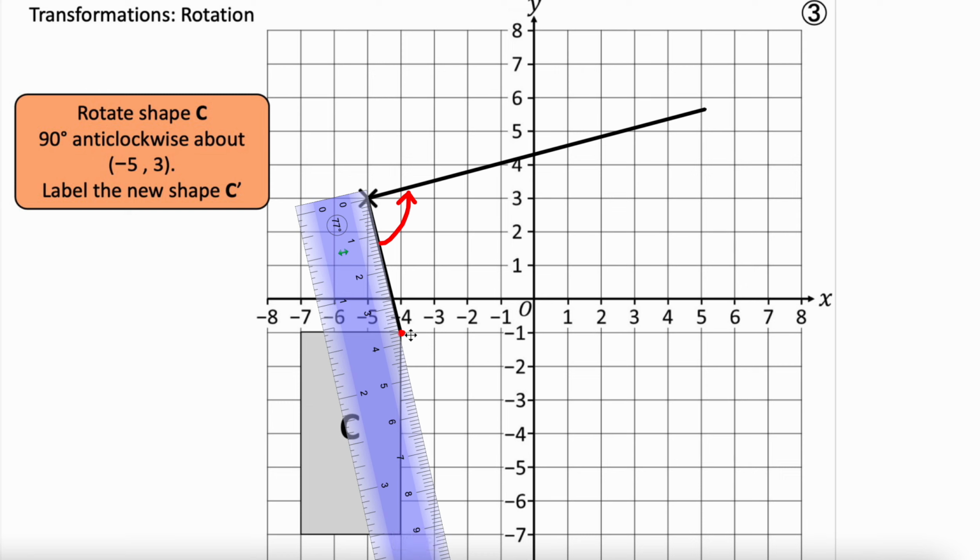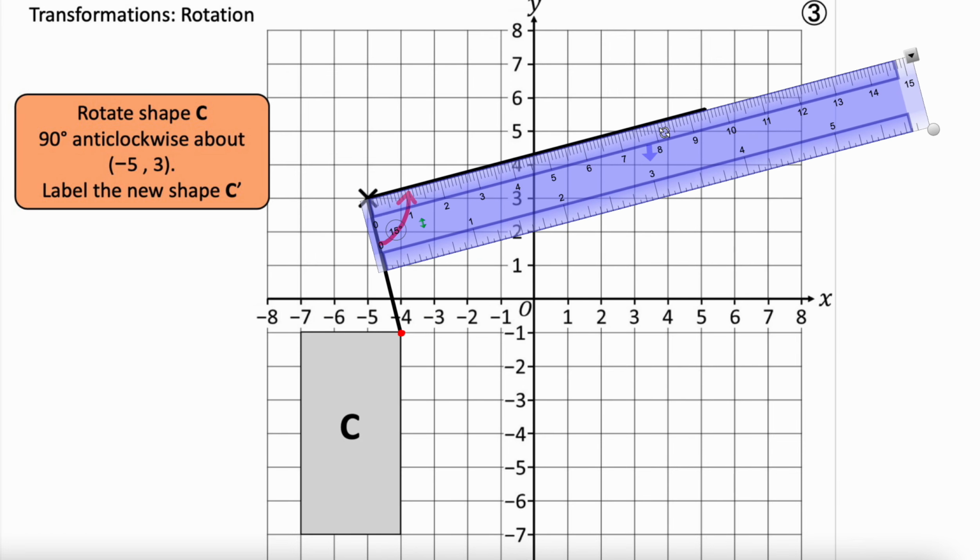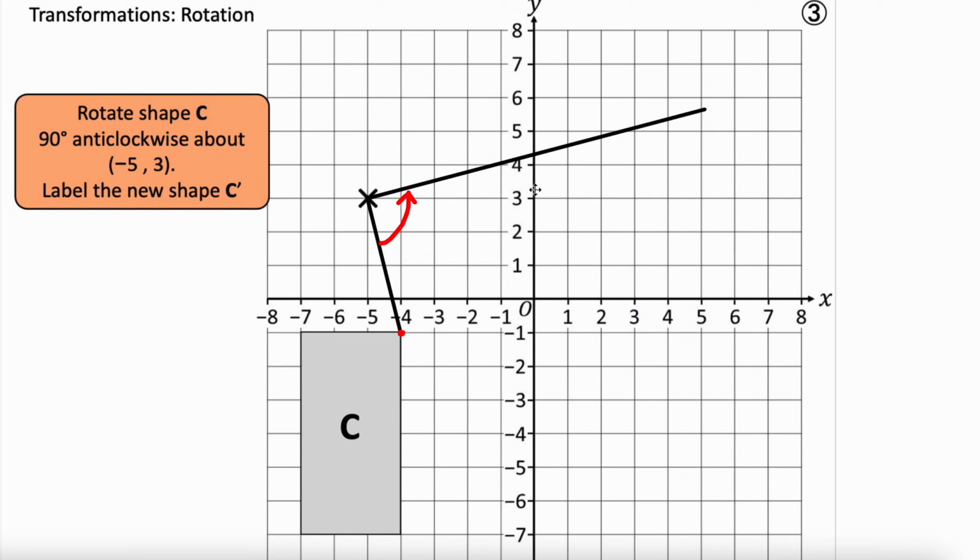So here it's about 3.7, 3.8. If we do the same here, it will be around 3.7, 3.8. So it's about this point over here, -1,4. Let's put a mark there with red as well. So this is the image of the red vertex in the original figure.